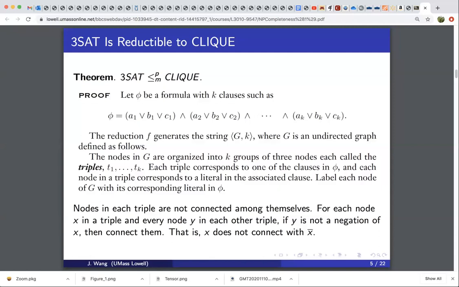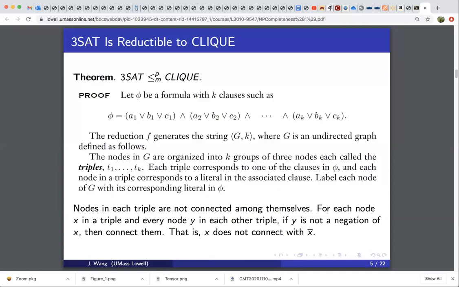Instead, we are going to convert an instance of a given problem to an instance of another problem, so that if an instance of the given problem is positive, under this mapping the instance of the other problem is also positive.